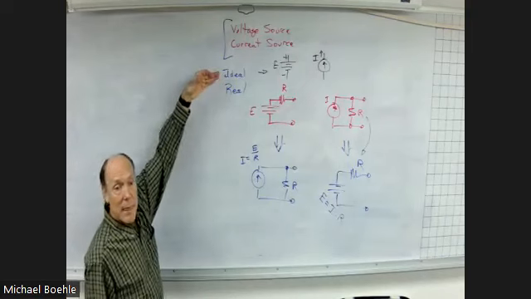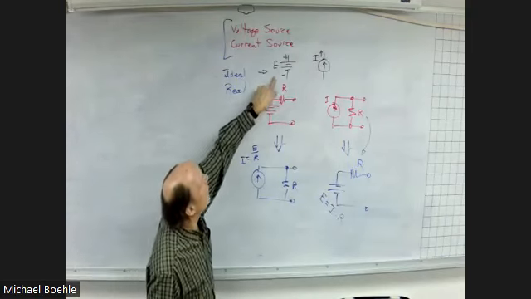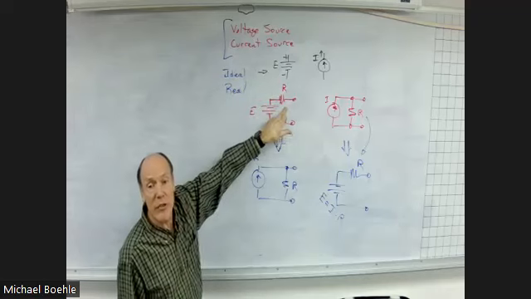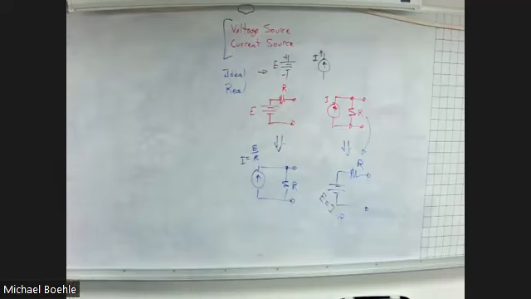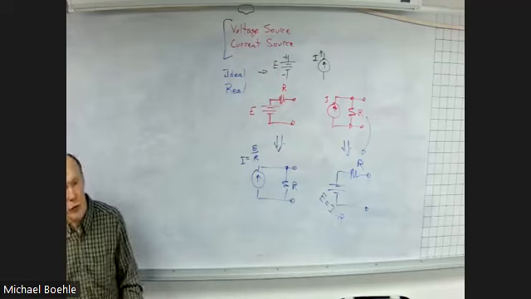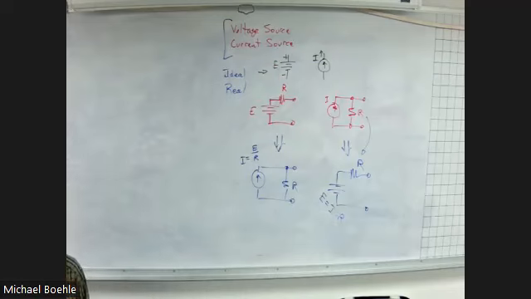My ideal voltage source had no resistor in series with it, which means the ideal internal resistance of a voltage source is 0. That's a short. So when you redraw the circuit and solve it in superposition, if it's a voltage source, you put a short there.